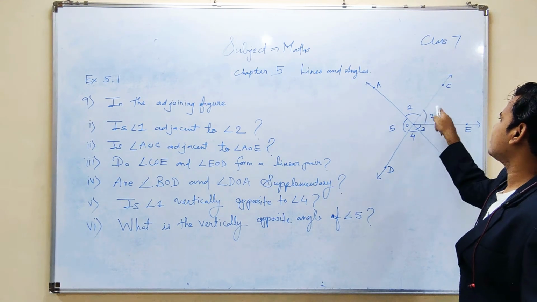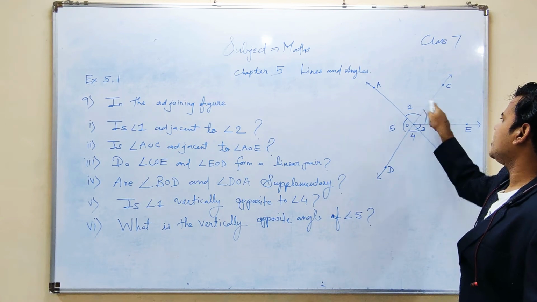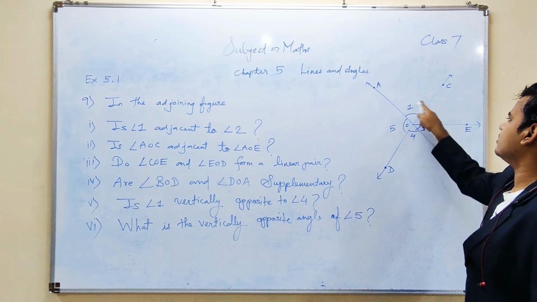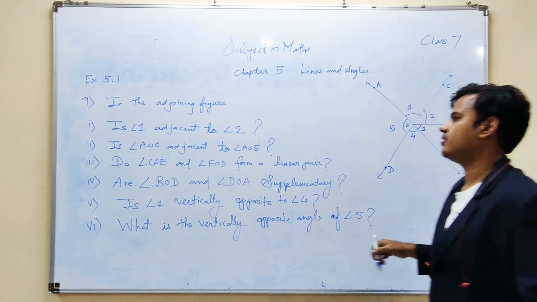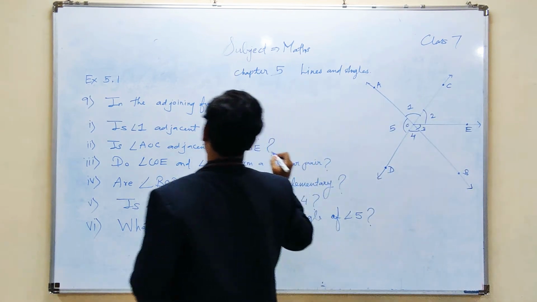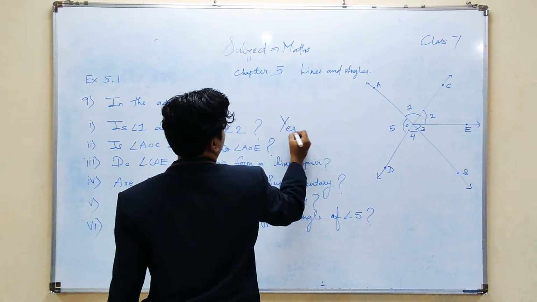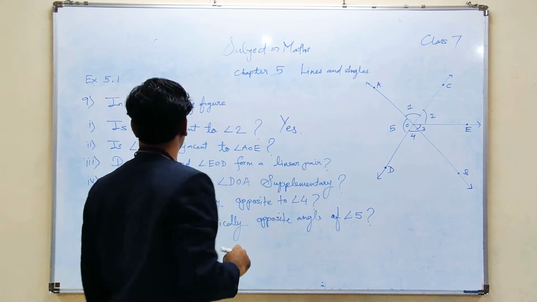They are just neighboring, next to each other. So yes, angle 1 is adjacent to angle 2. Here we can write yes.